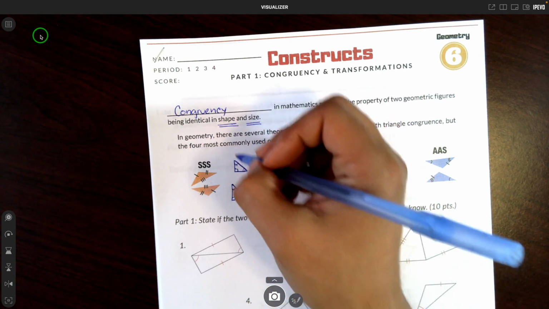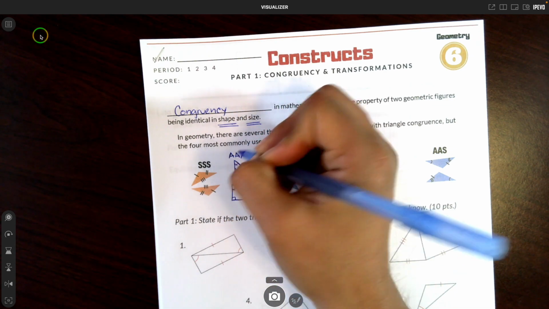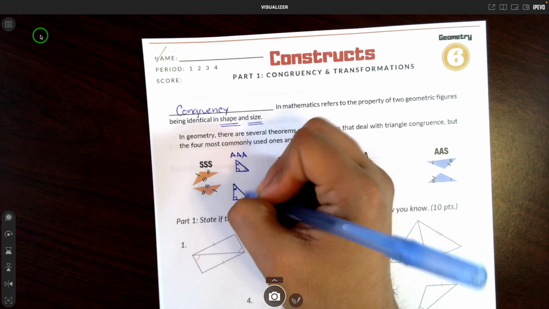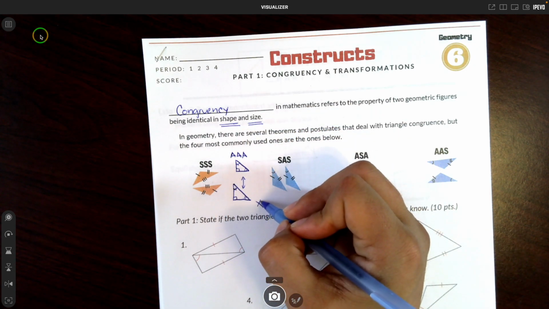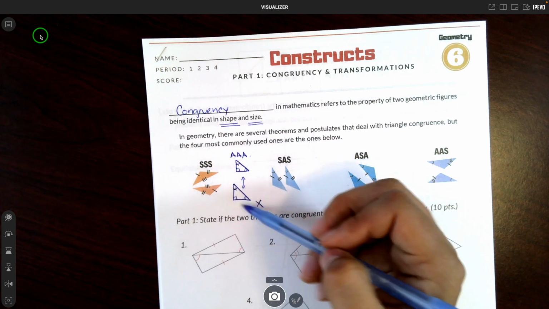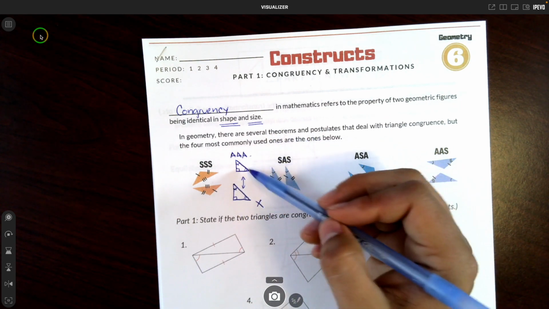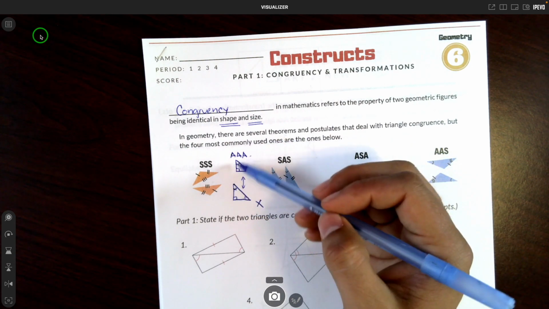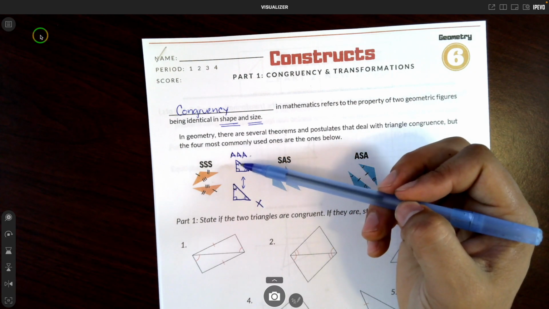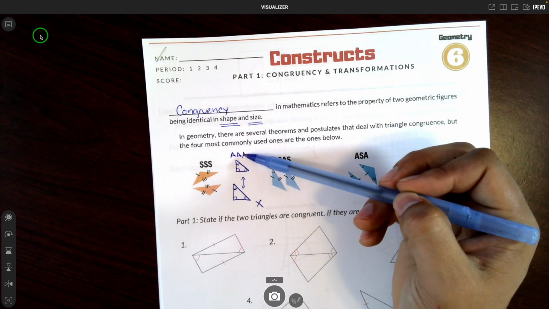So this one is angle, angle, angle, meaning all three angles are the same with these two, but they're not congruent. And this is an example of not a theorem, the opposite of a theorem. I guess it could still be a theorem, but either way, the point is these two triangles are not congruent even if all three angles are the same.